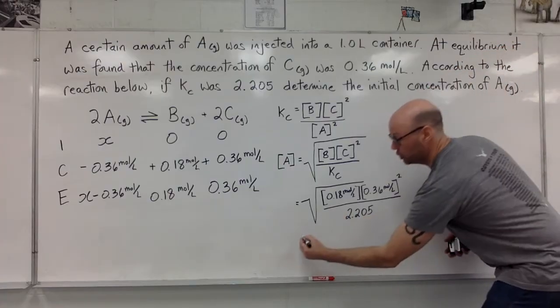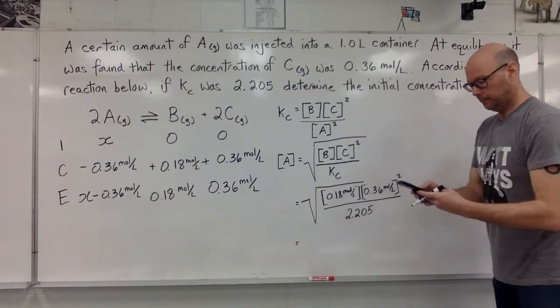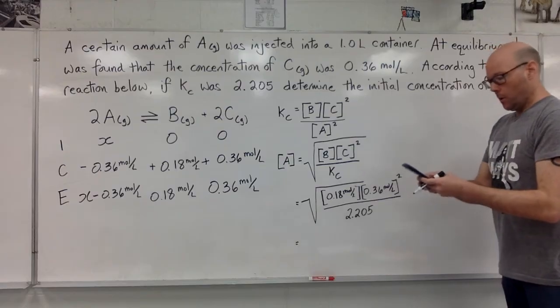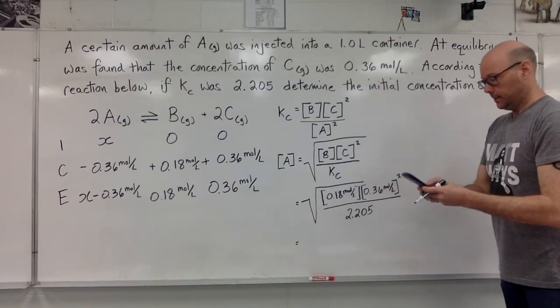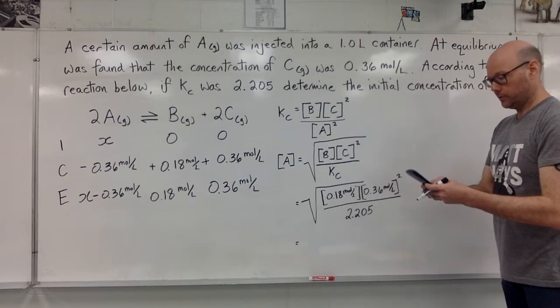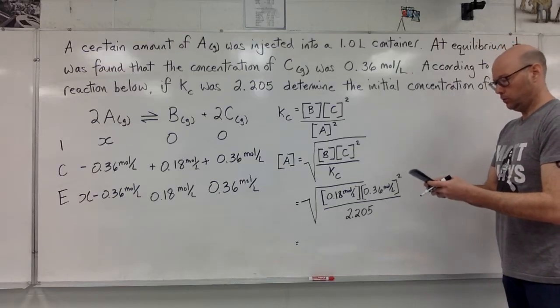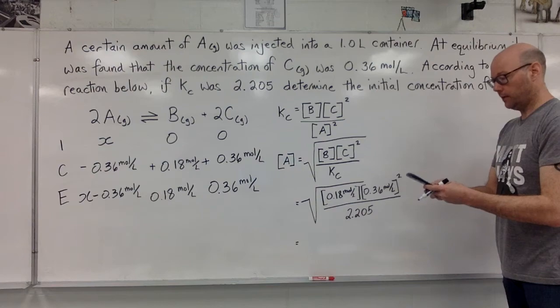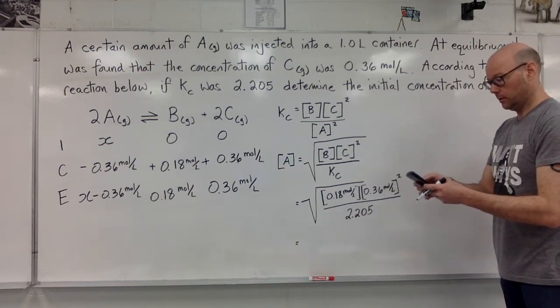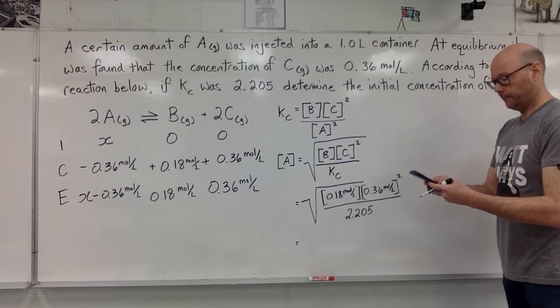Let's do the operation. 0.18 times 0.36 squared divided by 2.205. Take the square root of that.